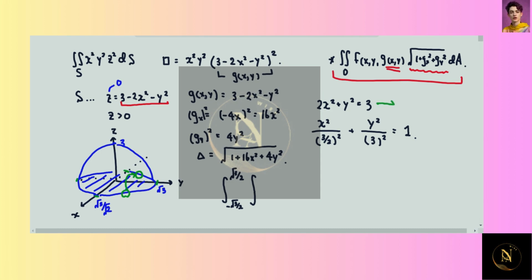We can do that by isolating what y is from there. y will end up being the square root of 3 minus 2x squared. Don't forget the plus or minus. So the bottom equation, remember this is the negative side, is negative root of 3 minus 2x squared. The top equation would be root of 3 minus 2x squared. So that's going to be the limits of integration for y.